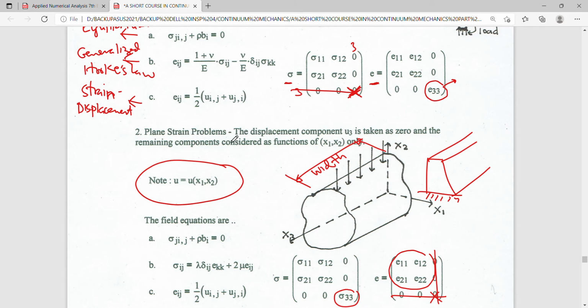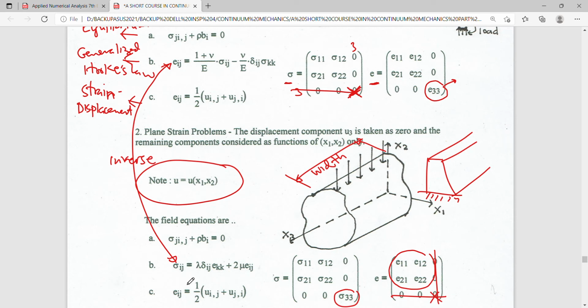Meaning to say, if I inverse this and substitute the modulus of elasticity and the Poisson's ratio in terms of the Lame constants lambda and mu, then I can get the same. Okay, so just look at the other references, but I'd just like to inform you that this is just the inverse of each other. Here you are solving for the strain, here you are solving for the stress.